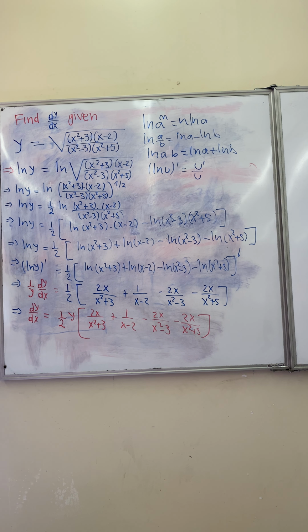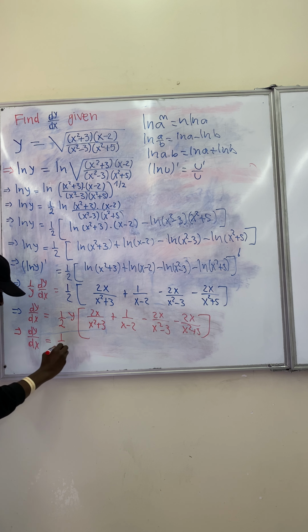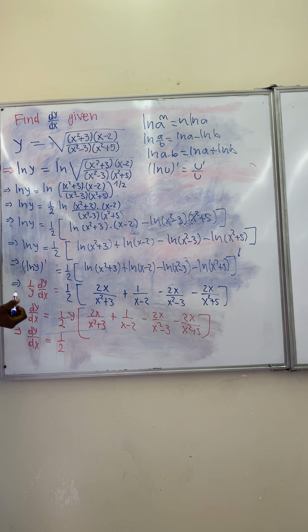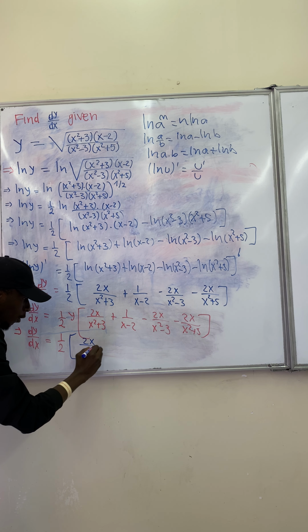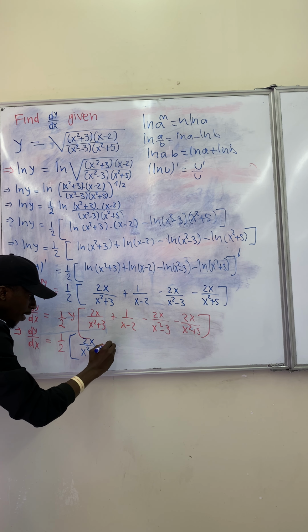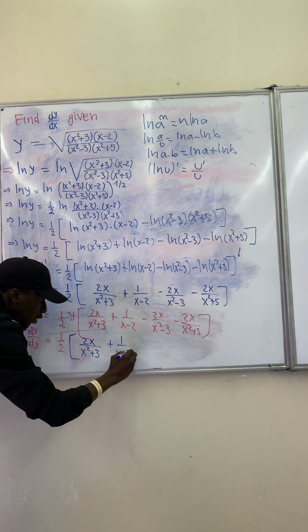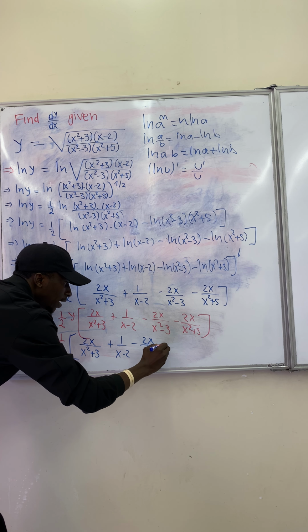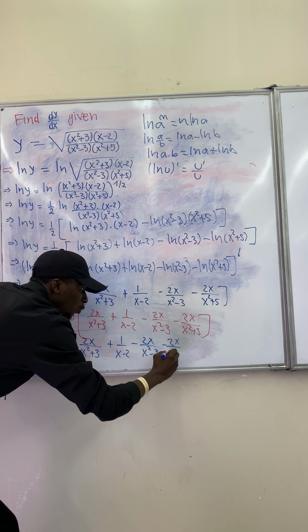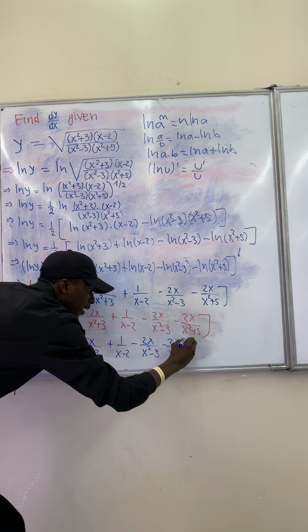Now what will be our final answer? We're just going to substitute y. And what is y? Y is that one. So the final answer, dy dx, is now 1 over 2. So I'm going to open the bracket. I'm going to put 2x over x squared plus 3 plus 1 over x minus 2 minus 2x over x squared minus 3 minus 2x over x squared plus 5, and then times y.